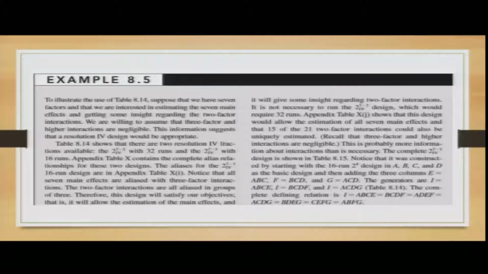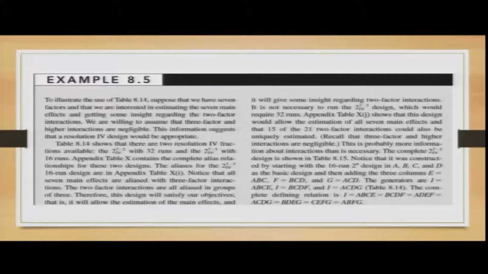We will notice that all the 7 main effects, where 7 is the value of k, are aliased with the 3 factor interactions. So, k minus p is 3.